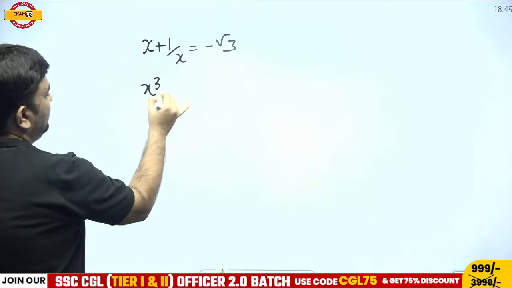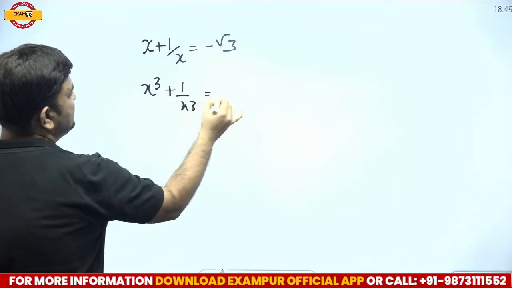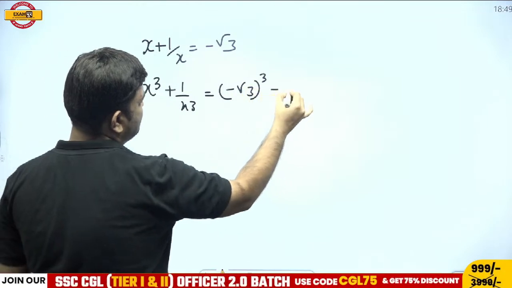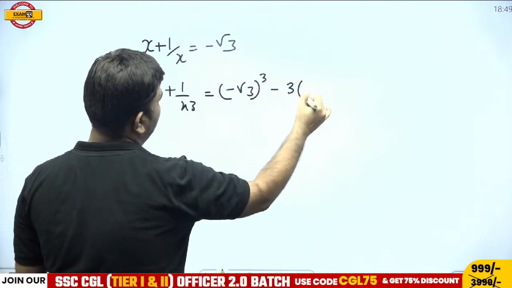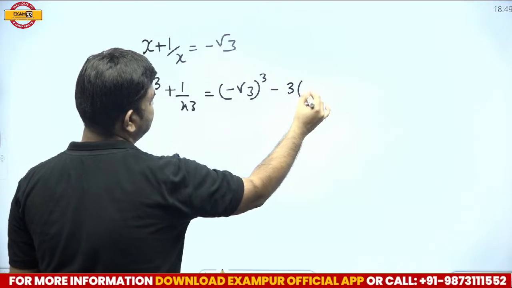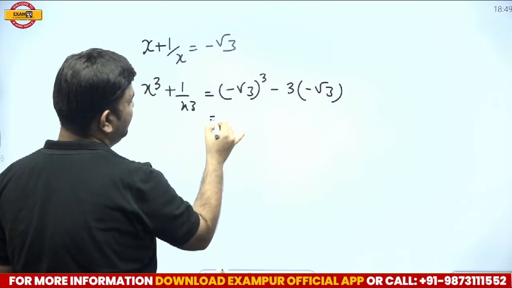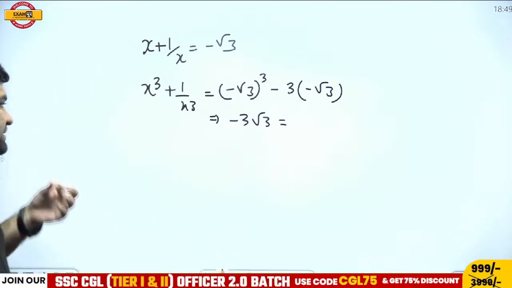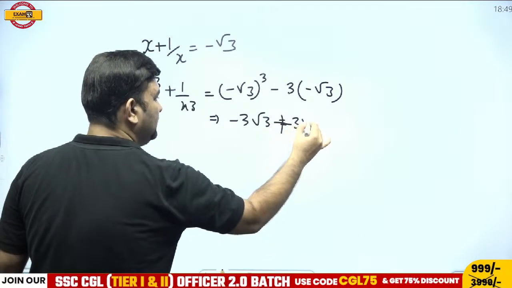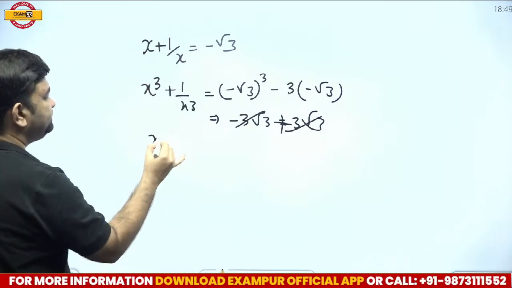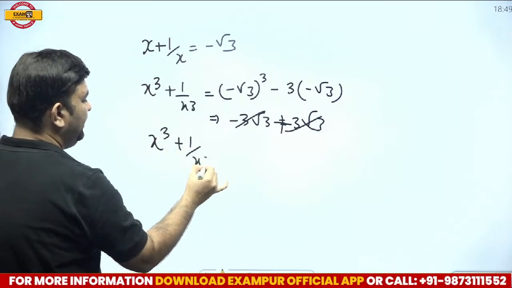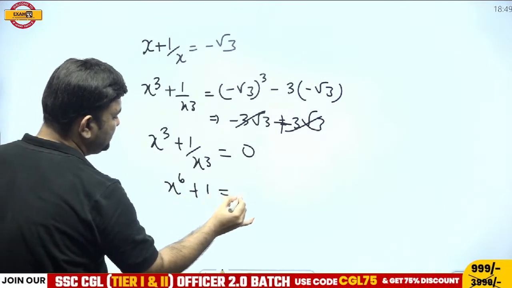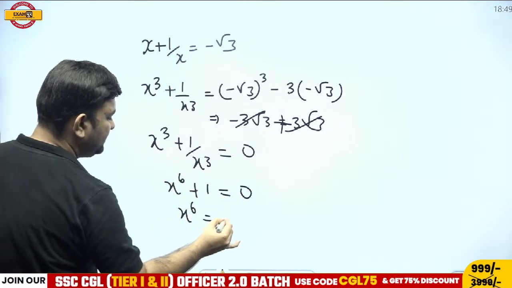Again cube it. x cube plus 1 upon x cube is a cube minus 3a, which gives minus 3 root 3 plus 3 root 3. It is again becoming 0. So again x to the power 6 plus 1 is 0, or x to the power 6 is minus 1.